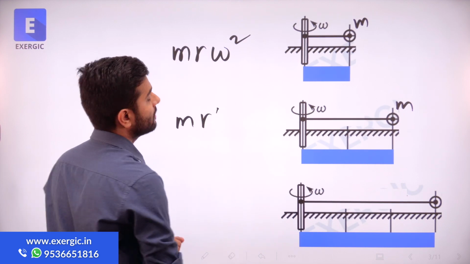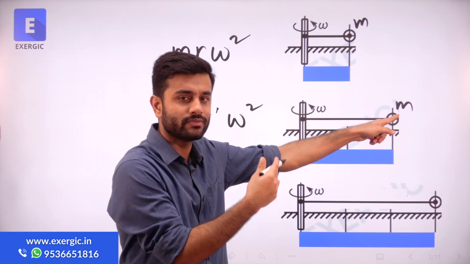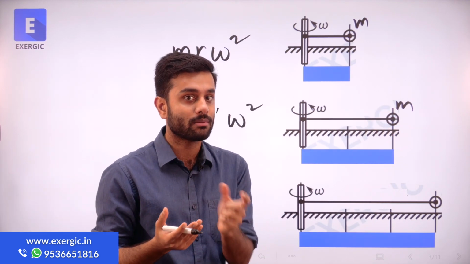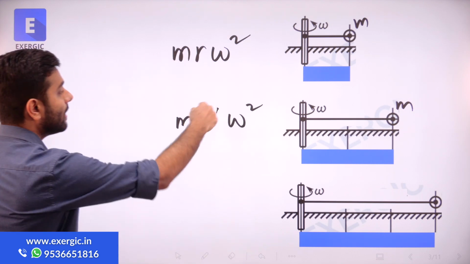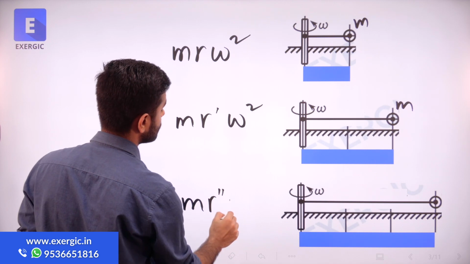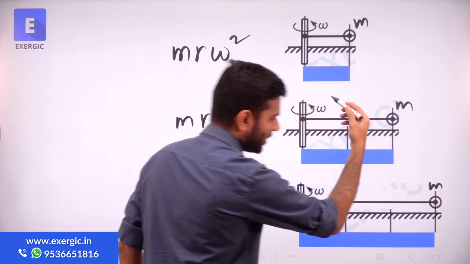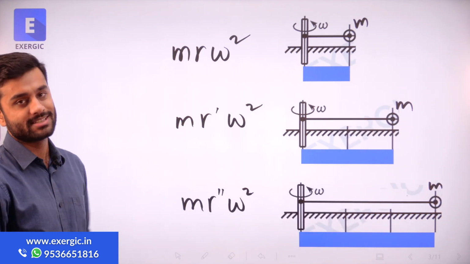The radius will change. R will become r dash, let us say. M is the same for all three of them. Omega will be the same because they are mounted on the same wire. So m r dash omega square. Similarly for this one, let's say m r double dash omega square. Only the radius is changing. All three have the same mass, 0.5 kg. The question gave omega as the same for all.